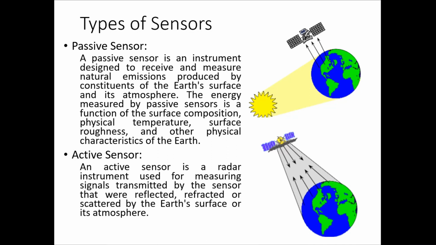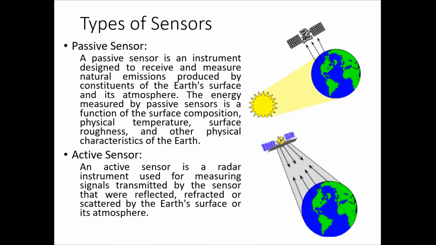So the sun's energy can either be reflected, like what we see in the visible wavelength, because all these colors that we see, there's some reflected energy that reaches our eye, isn't it? So some of the sun's energy is reflected, and some of it is absorbed and later re-emitted, which we saw in the case of thermal infrared, right?